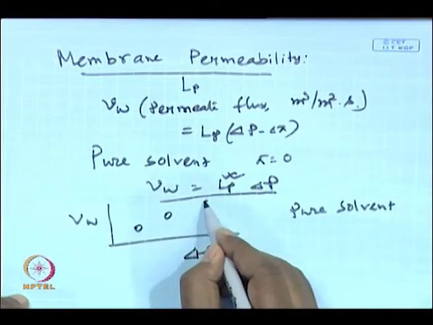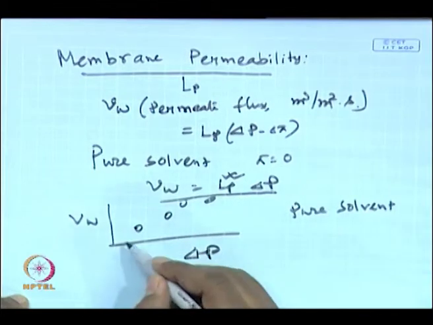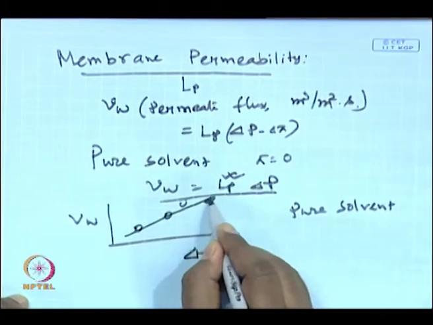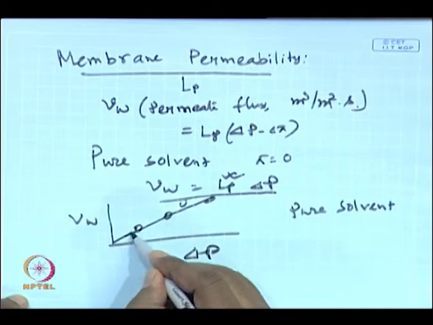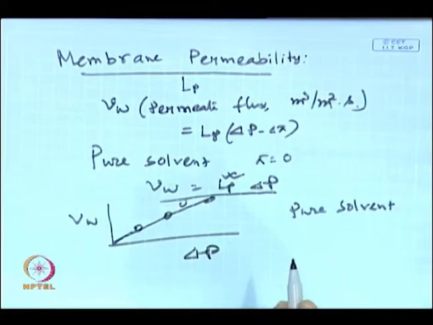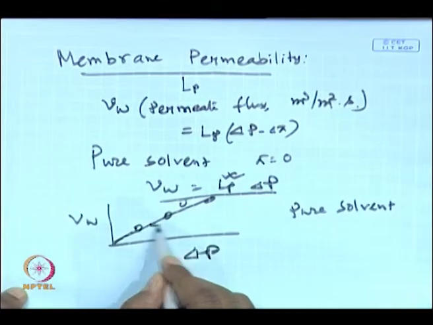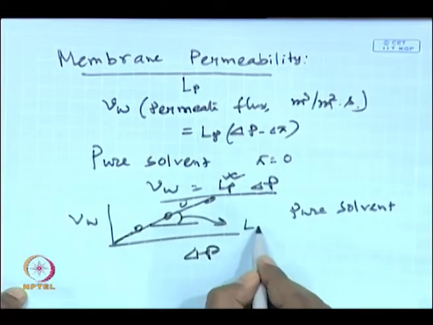Let us say there will be something like this, and then draw a straight line among them. It must be going through the origin. Okay, this must be going through the origin. Then the slope of this line will give you the membrane permeability.